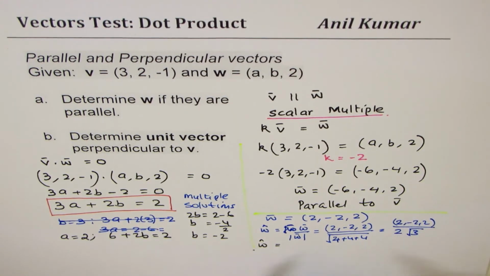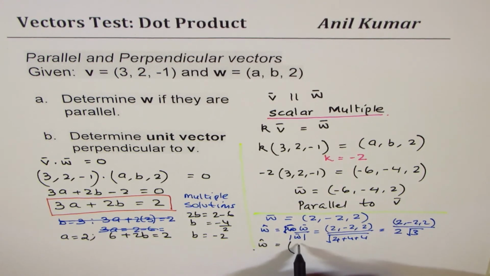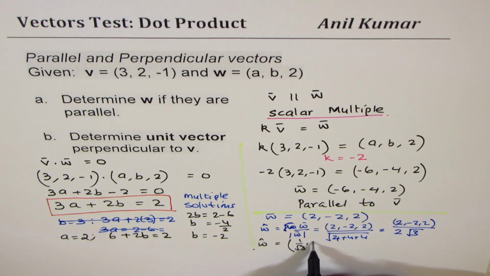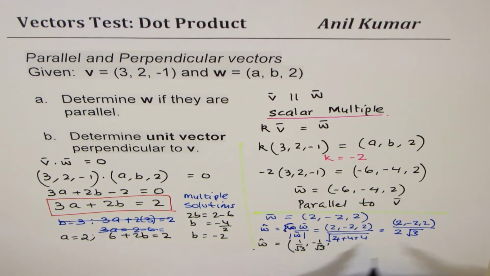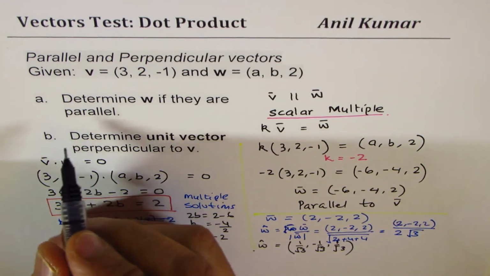This is a position vector. So you could write this as, dividing with 2, 1 over square root 3. Do you see that? And this one is minus 1 over square root 3. And the third one is again 1 over square root 3. So that becomes the unit vector which will be perpendicular to the given vector, right? So let me rewrite here.